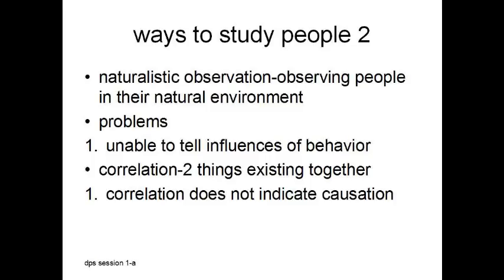Ways to study people. You can go to a park and observe people as they interact in their natural environment. That would be called naturalistic observation. And there are problems because from a distance, when you're not talking to people, you're not questioning, they're not answering your questions, there's no way that you can tell what contributed to the behavior.